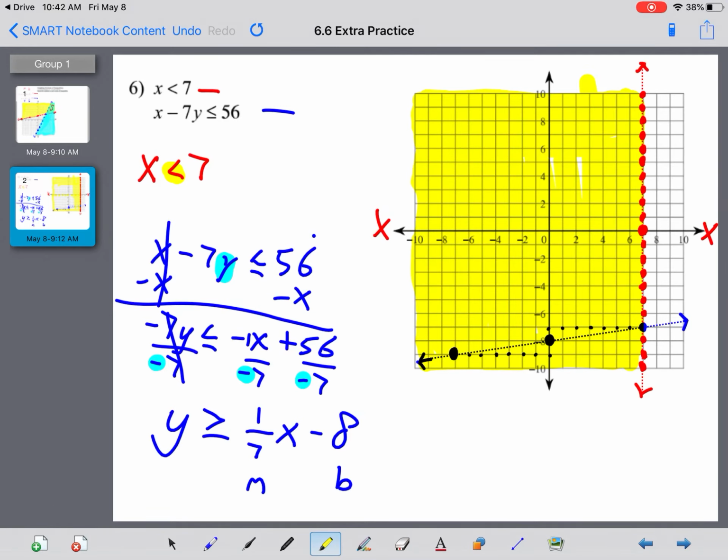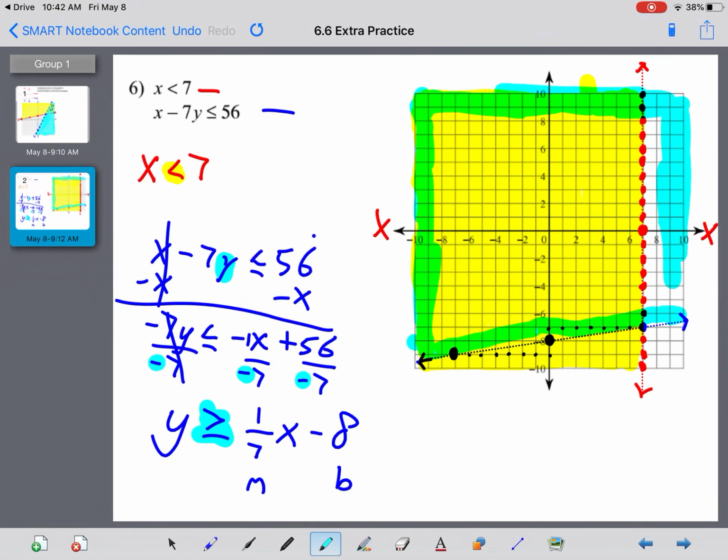So here's your entire shaded region. Now for the blue inequality, we have greater than or equal to, which means above our blue line. So we're going to shade above.